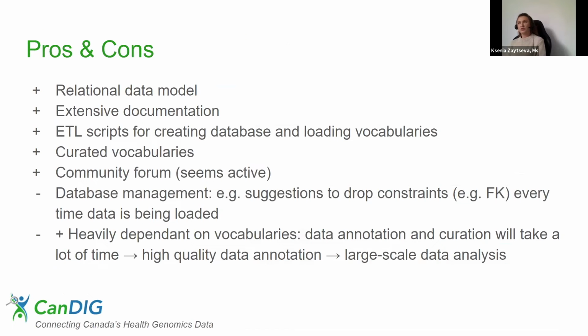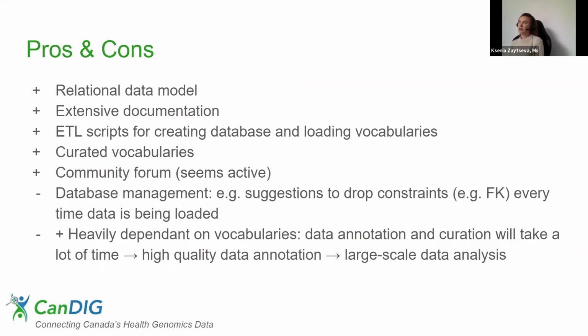So, pros and cons of the OMOP model based on my experience and impression so far. I think it's a very clear relational data model. It's easy to understand and work with. It has extensive documentation, and they provide very valuable ETL scripts for creating the database and loading vocabularies. Vocabularies are all already curated.